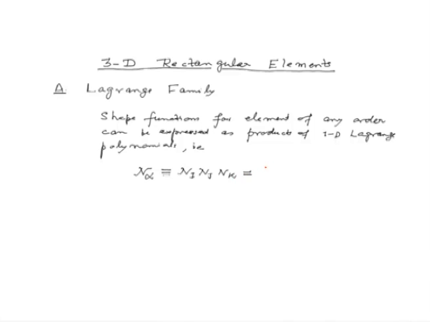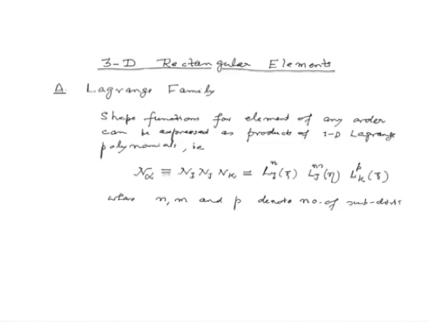So, using the symbol for Lagrangian polynomials, we can write this as L_I^n(xi), L_J^m(eta) and L_K^p(zeta), where n, m and p denote the number of subdivisions along each side.